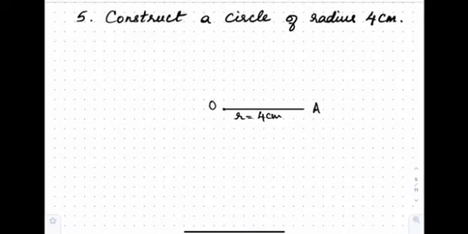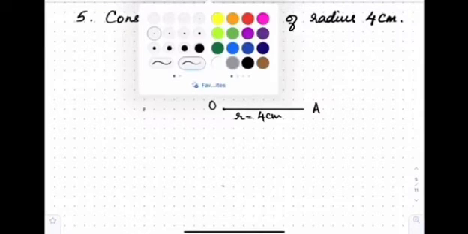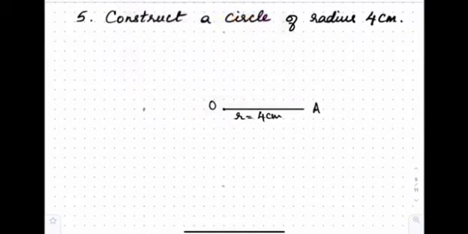Now set the compass needle as per the measurement. You need to set it for 4 centimeters. So do it along with me. Don't change the position. Now keeping the needle at O, draw a neat circle.